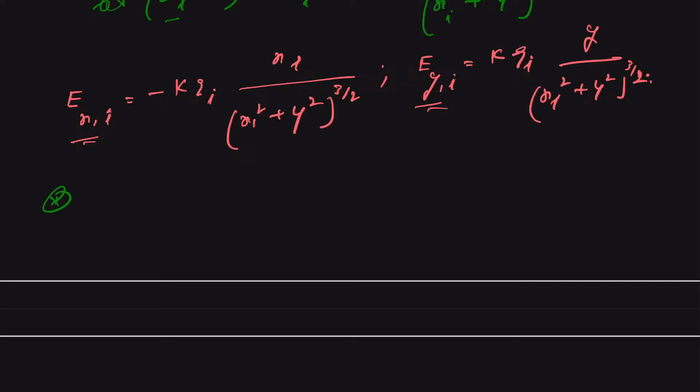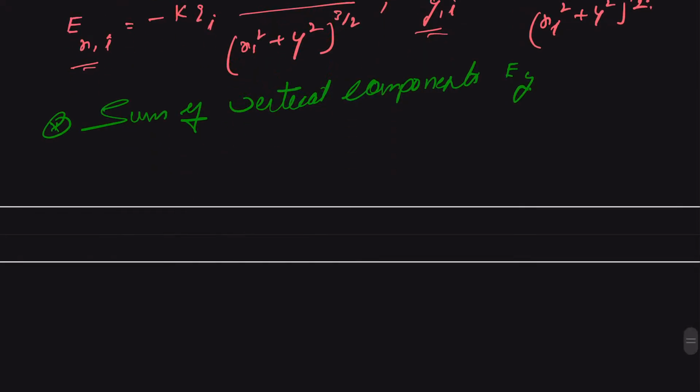So based on this we can divide this formula according to the placement of the charges. The sum of vertical components, that is our E of i, and the charges are arranged symmetrically.